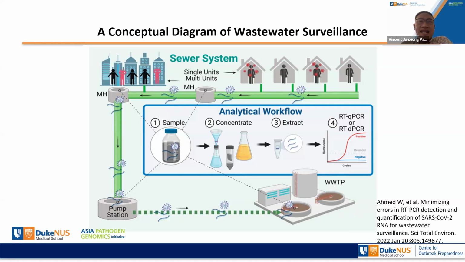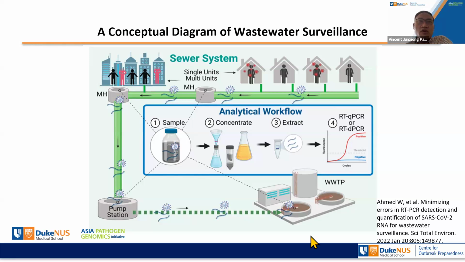Following the sample collection, with the proper transportation of the samples to the laboratories, the wastewater will be concentrated to allow a higher chance of detecting some of these pathogens of interest, depending on the priority of pathogens of interest in the respective countries or at the provincial or national level.